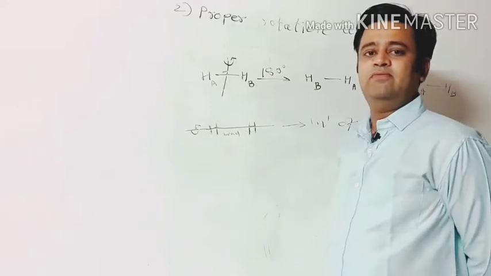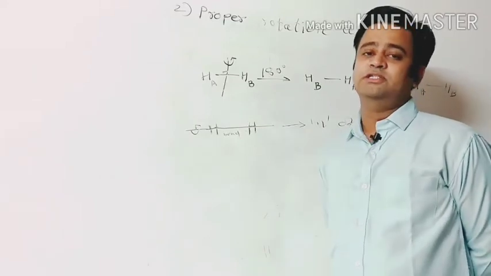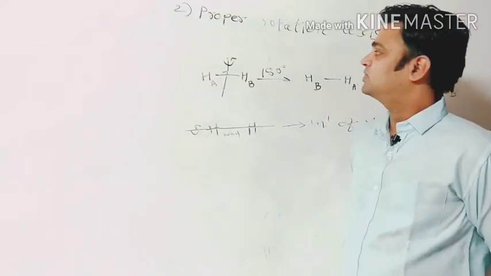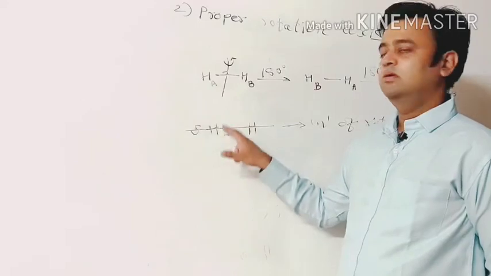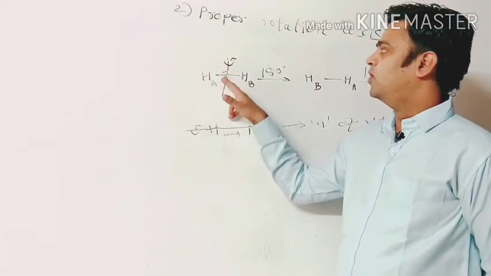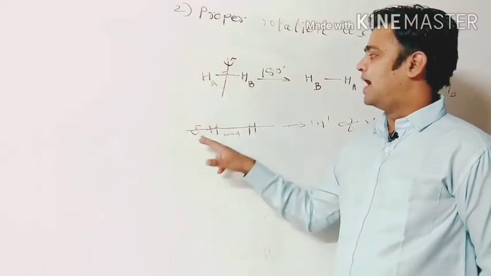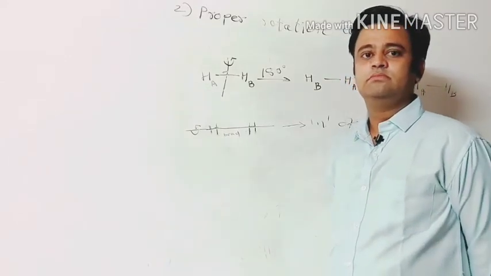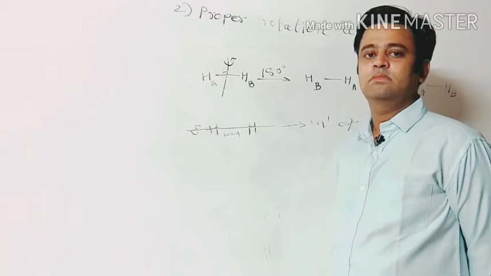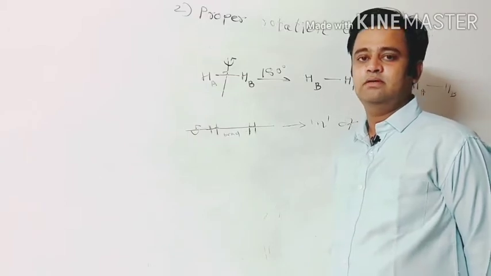Means we can find out how many axes of rotations are there. Means in case of H2, there are two axes of rotation. One is perpendicular to the bond and one is parallel to the bond. Fine.